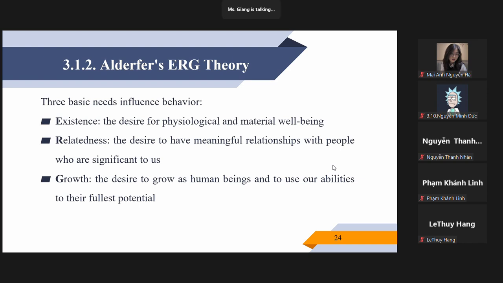When we mention relatedness needs, we mention the meaningful relationships with people who are significant to us. So it is about the social or belongingness need. And for the growth needs, we mention the esteem niche and self-actualization niche. So basically, Alderfer's ERG theory is consistent with the 5 levels of need stated by Maslow.